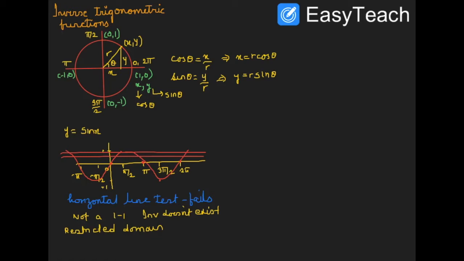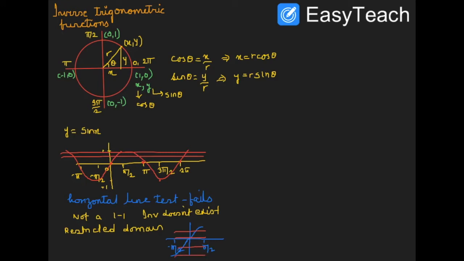If I draw this graph at one place, like this, this was minus pi by 2 and this is pi by 2. So if I plot it like this and now draw horizontal lines, you can see here they are cutting only at one place.